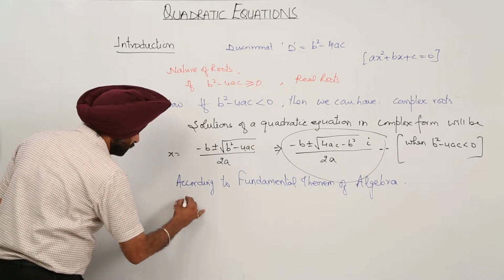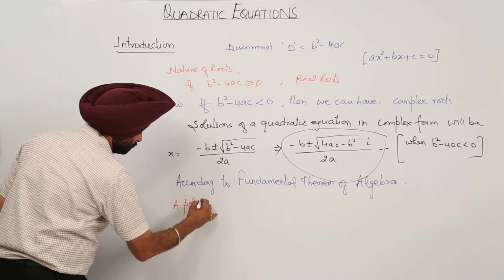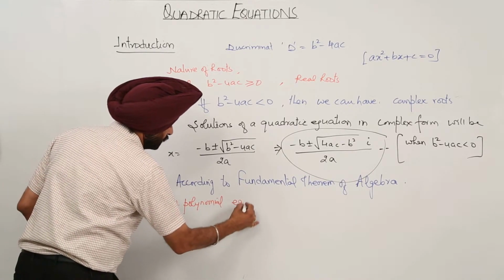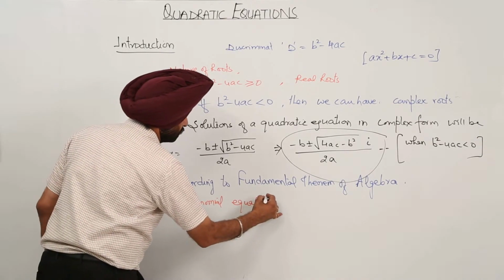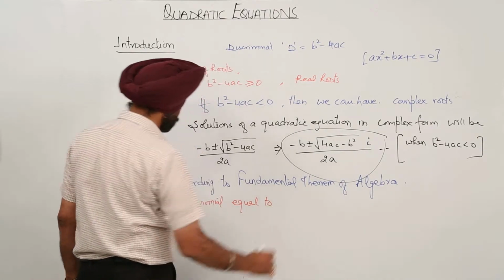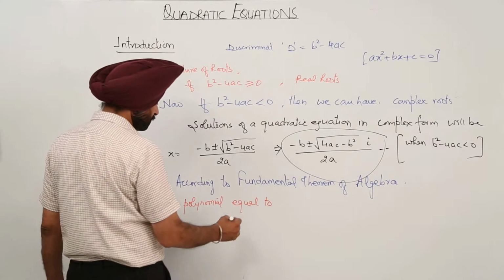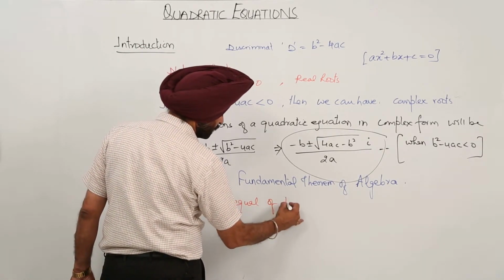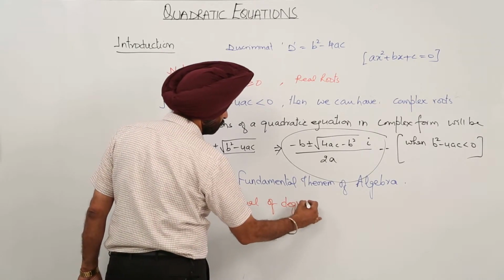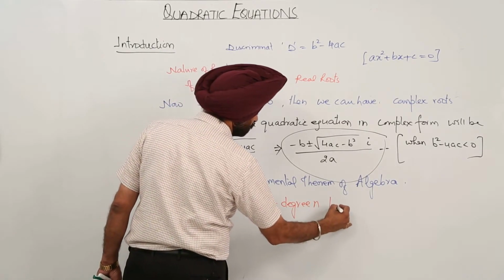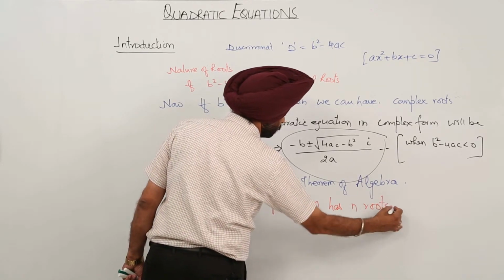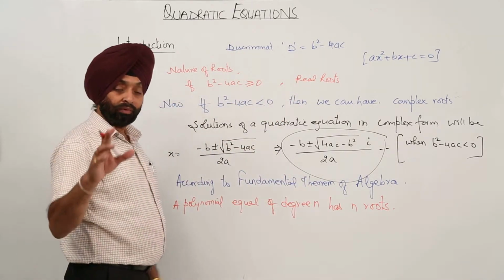A polynomial equation of degree n has n roots. Is it clear?